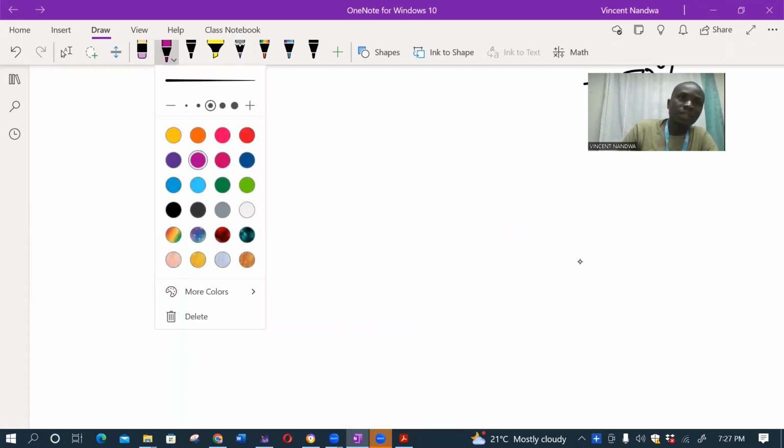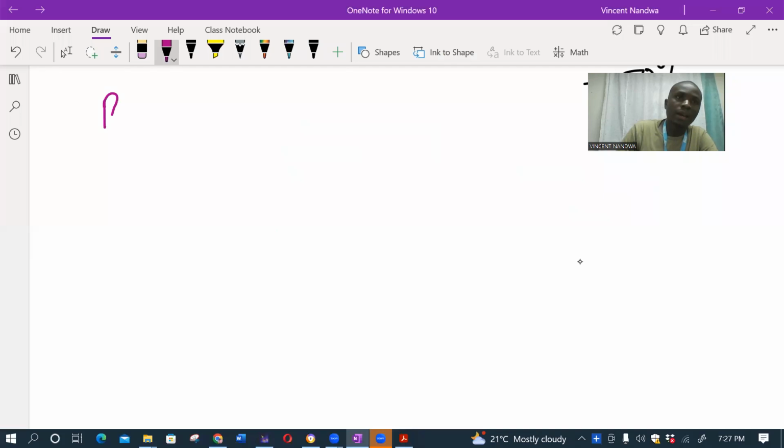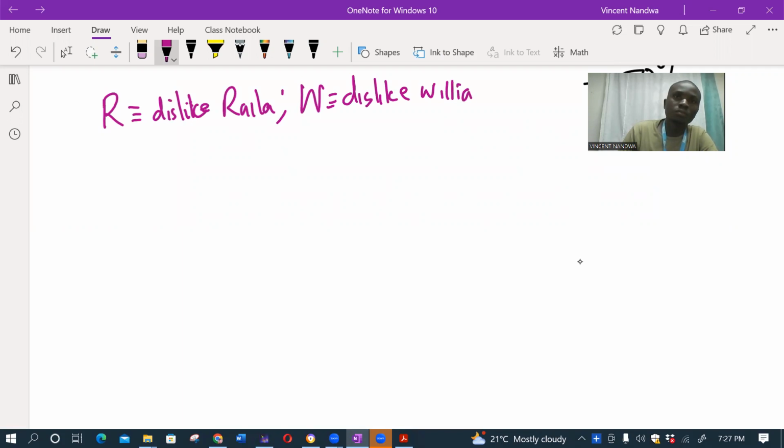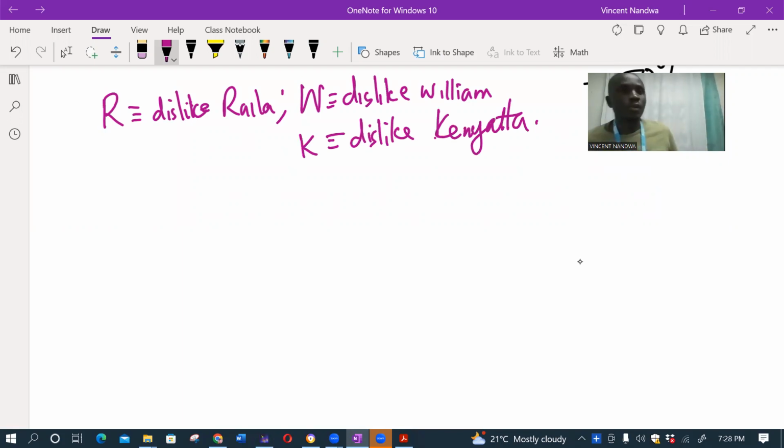So without loss of generality, let's say R will mean those who dislike Raila, W, those who dislike William, K, those who dislike Kenyatta. Then we draw the rectangle.